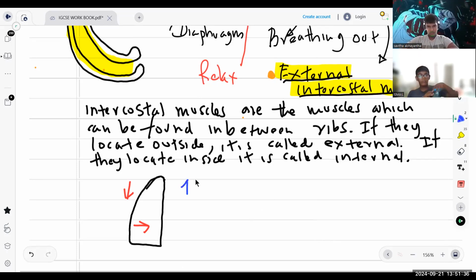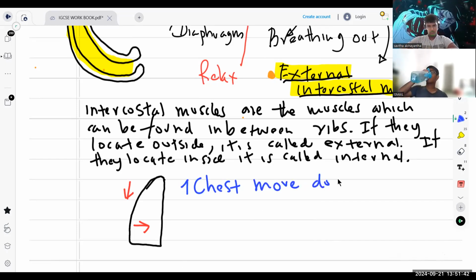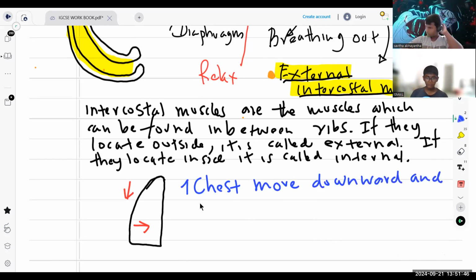So let's write now one by one. Chest move downward and inward.